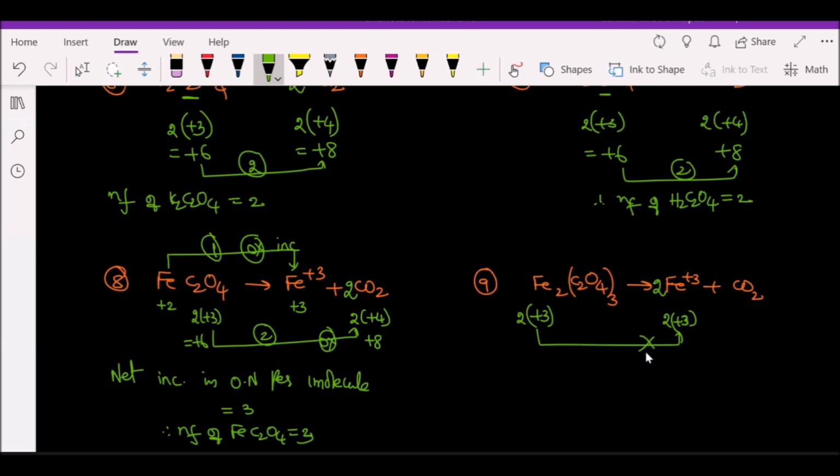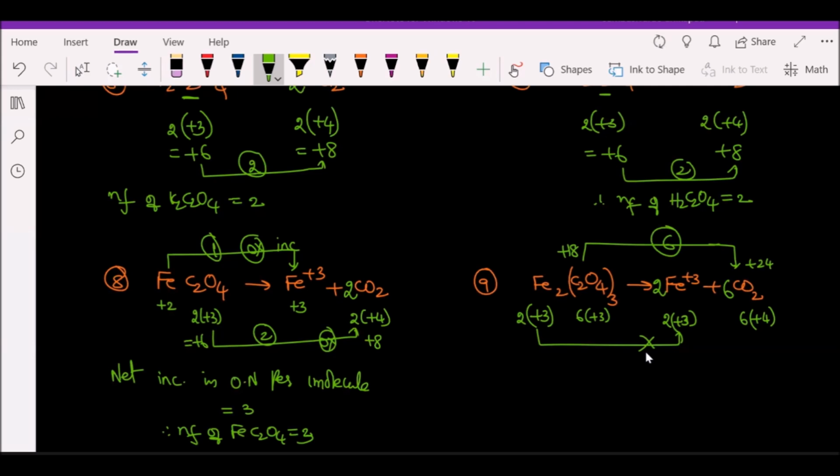In total, how many carbons do we have here? 3 times 2, 6 carbons we have. So take 6 CO2. 6 carbons means 6 times +3 converting into 6 times +4. So how much is this value here? +18 changing into +24. So the change is 6 here.